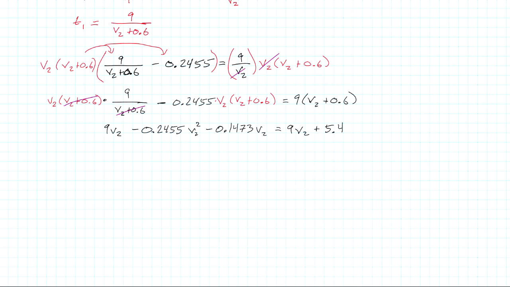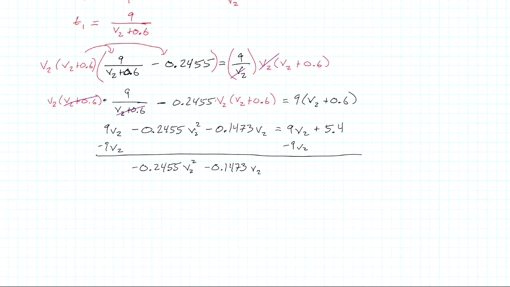All right, let's see, I think I can subtract the 9V2 from both sides. That's nice. Cancel those. But I still have another V2 here. I have negative 0.2455 V2 squared minus 0.1473 V2 equals 5.4.